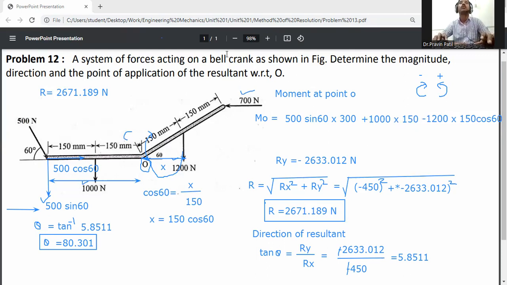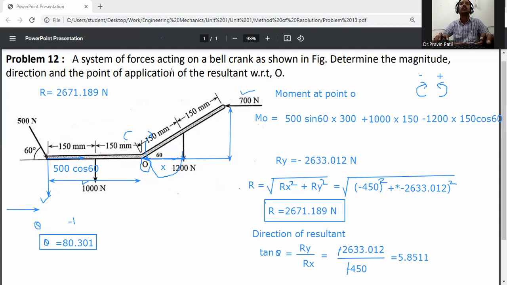Then the next one is 700 Newton. The perpendicular distance is up to this distance, so we need to calculate it. Again consider this triangle.